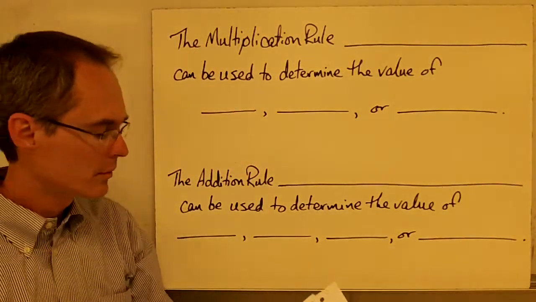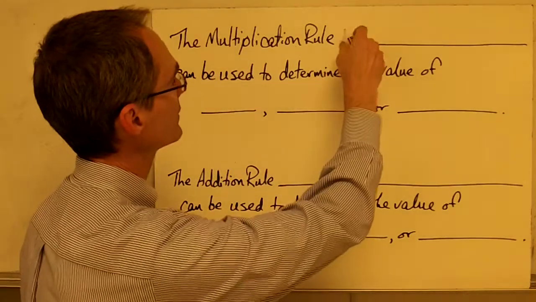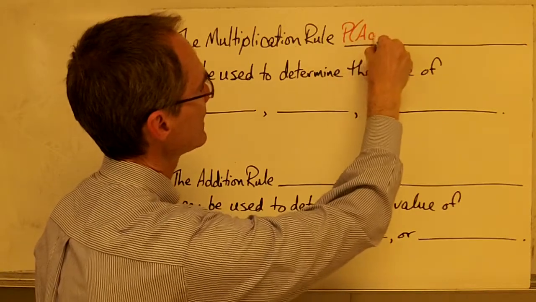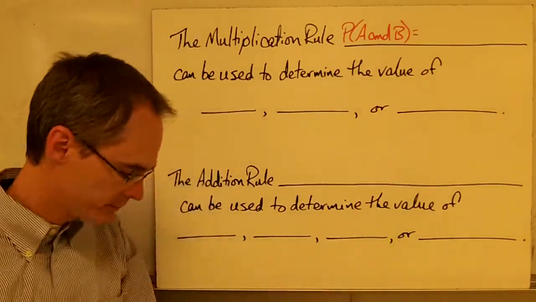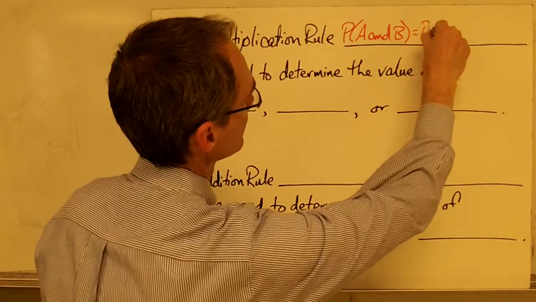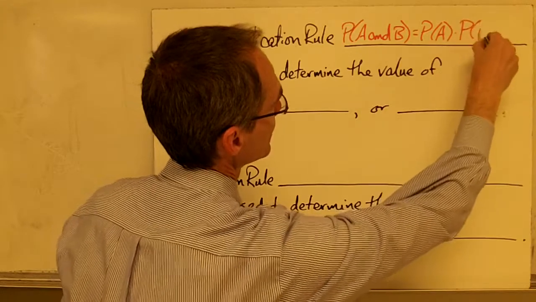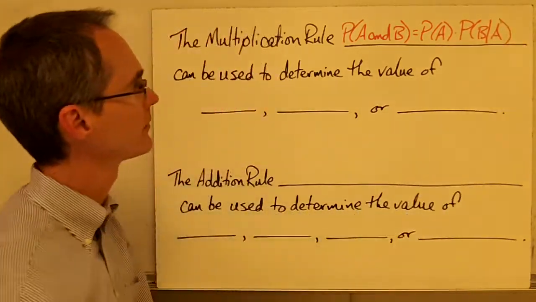Now, remember that the multiplication rule, which is written like this, probability of A and B equals probability of A times probability of B, given that A has already occurred.